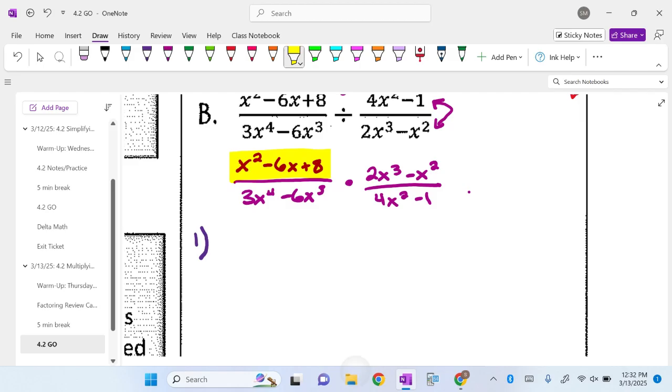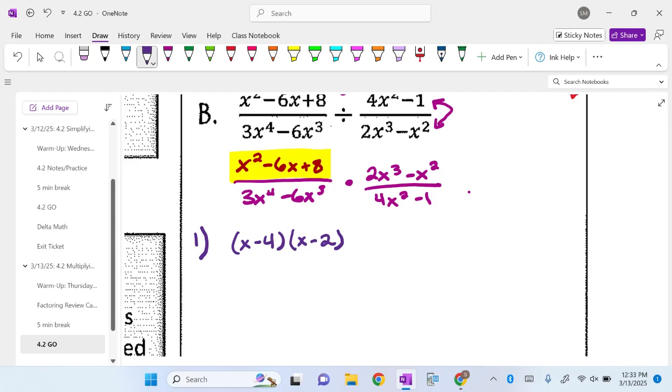And then we can write our factors as x plus or minus something, and then x plus or minus something. What are those two numbers that would multiply to 8 but add to negative 6? Negative 4 and negative 2. So all we do, since our a value is 1, is we're just going to put negative 4 next to the x, negative 2 next to the x. And that's it. It's factored.